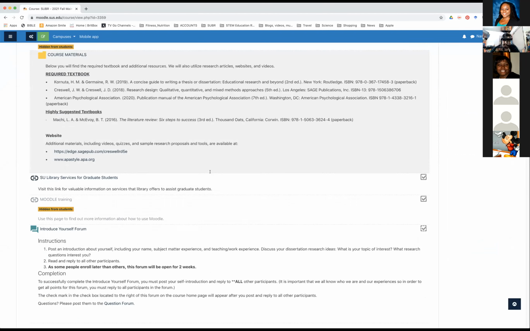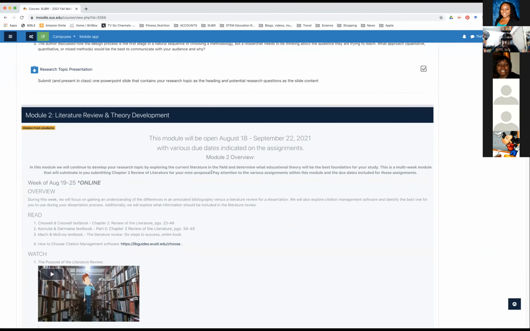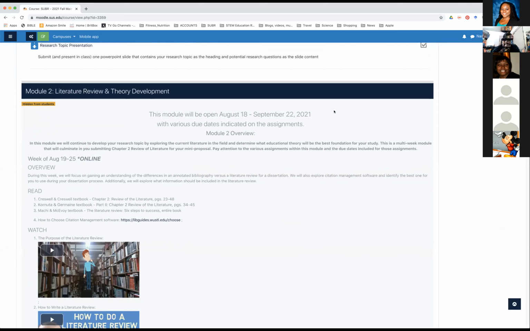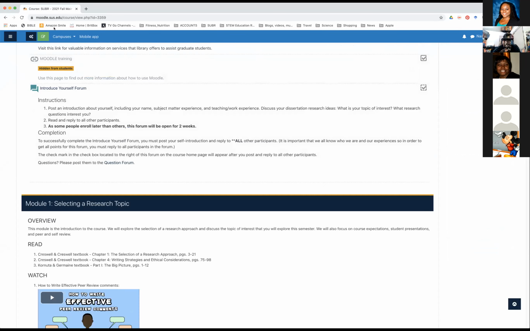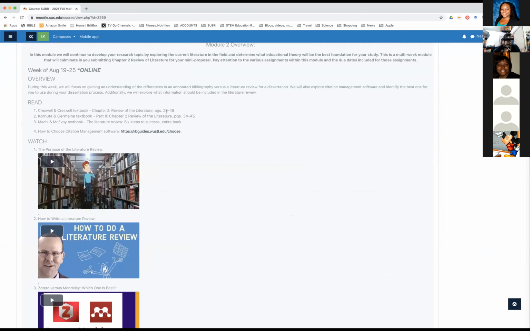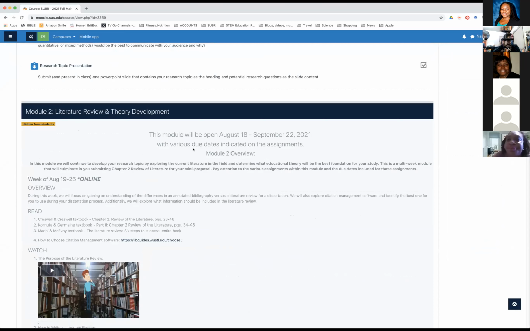In Moodle, module 2 is already open. I didn't reload this screen, but I'll make sure it should be open for you already. I did it on the other computer.